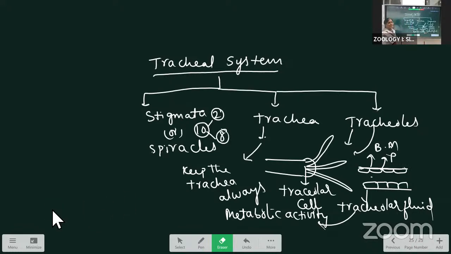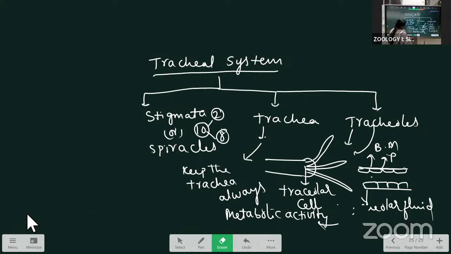When metabolic activity is more, tracheolar fluid is not present inside the tracheoles. If they are in the resting stage, when metabolic activities are slowed down or absent, tracheolar fluid is present inside. This is about the trachea, and I'll explain with a diagram.